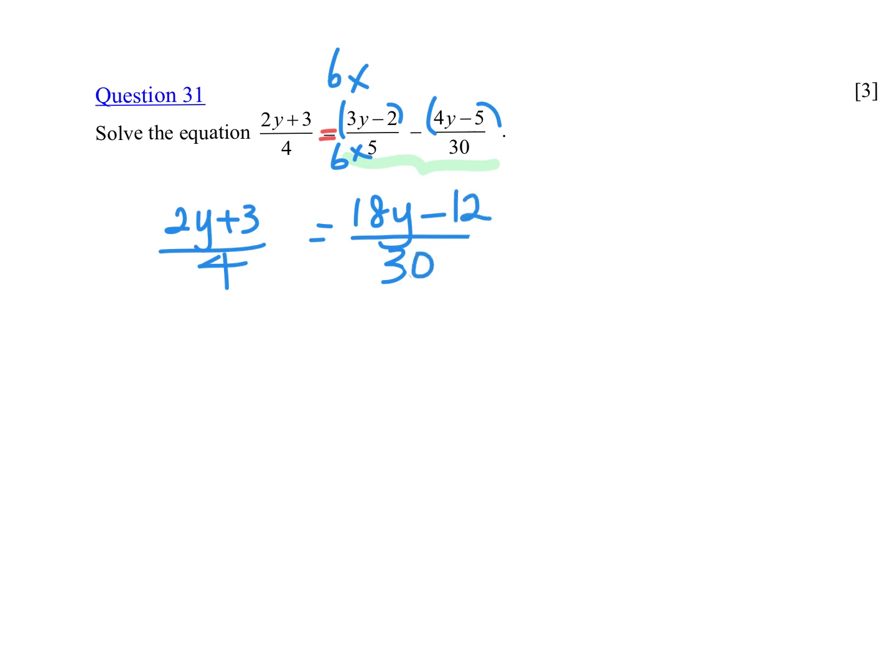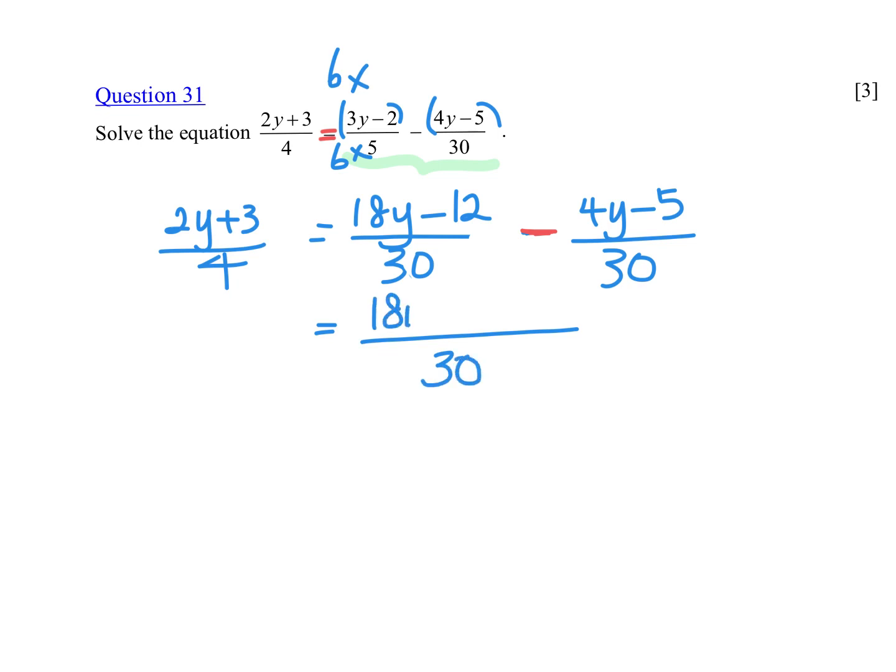Minus the 30, this is 4y minus 5. But be careful, later when we combine, this is a negative sign, right? So you combine this, this will be 30. Then that will give you 18y minus 12 minus 4y minus negative 5 becomes plus 5.